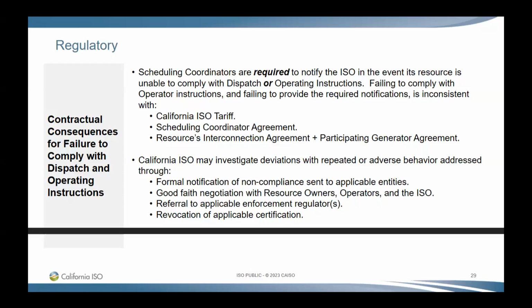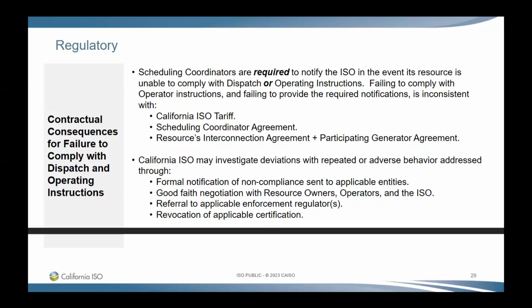So anyway, the ISO needs to be notified. Failing to comply with these instructions that the operators give could be in violation of the ISO tariff, of your scheduling coordinator agreement, and your resource interconnection agreement, and participating generator agreement.